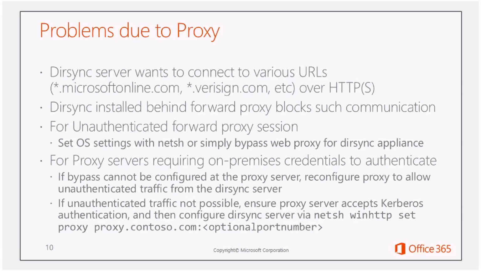Oftentimes that will work. In fact, in most cases, that will work. However, if your proxy server does require authentication, and it requires NTLM or BASIC, in many cases DirSync will also fail to replicate until you enable Kerberos authentication for your proxy server.